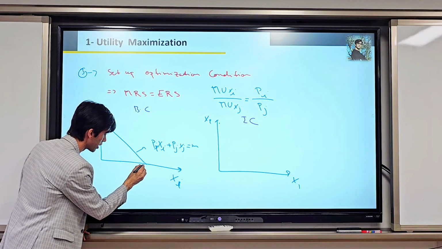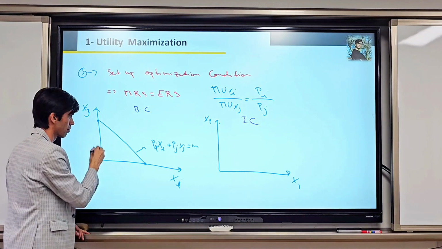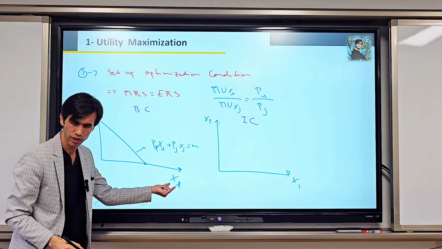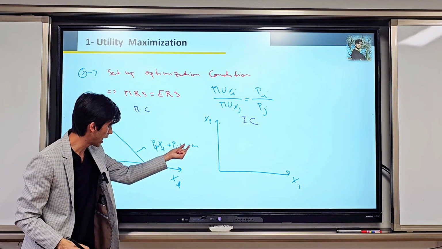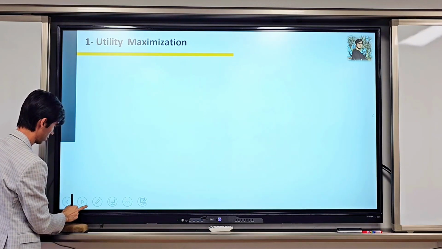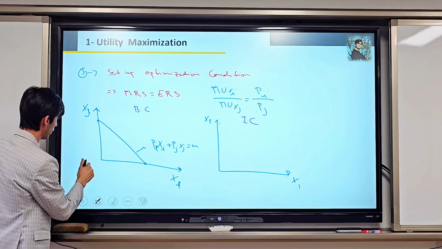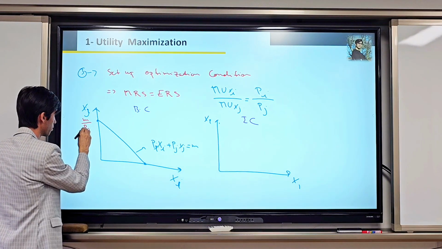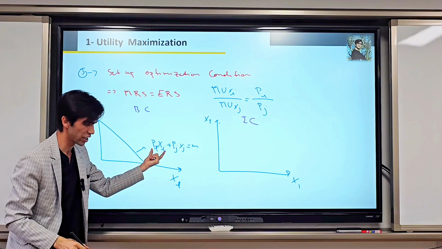So how can we find these two extreme points? If, for example, xi is equal to 0, then xj will be equal to m divided by pj, because this term is 0.